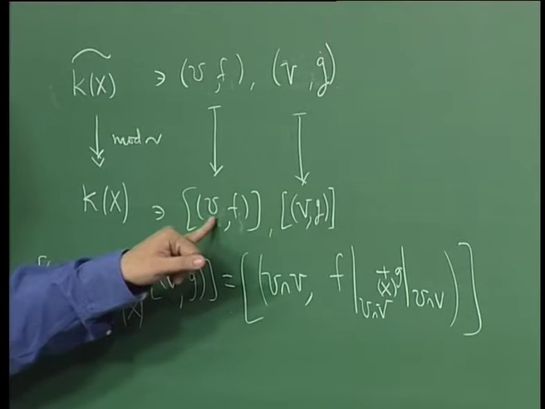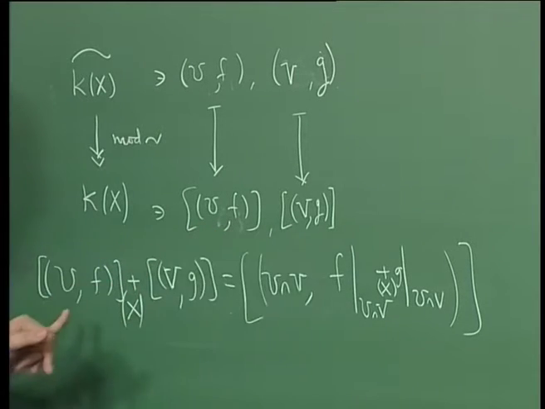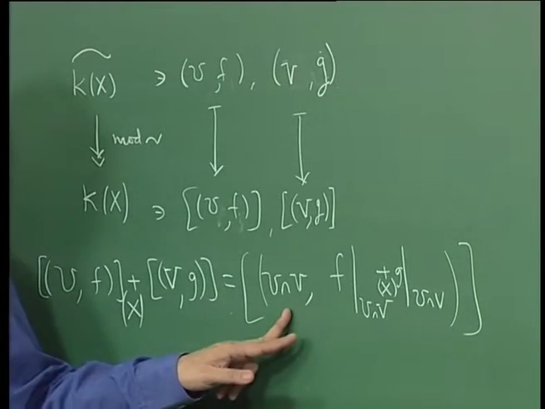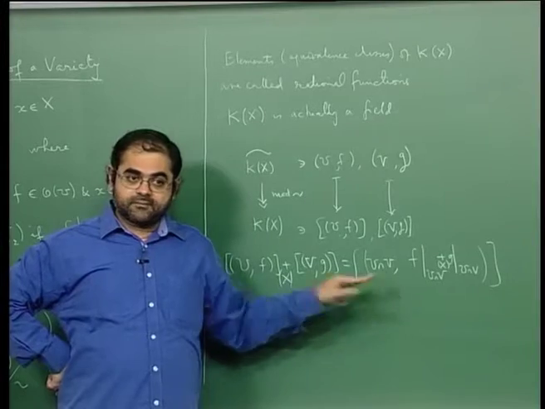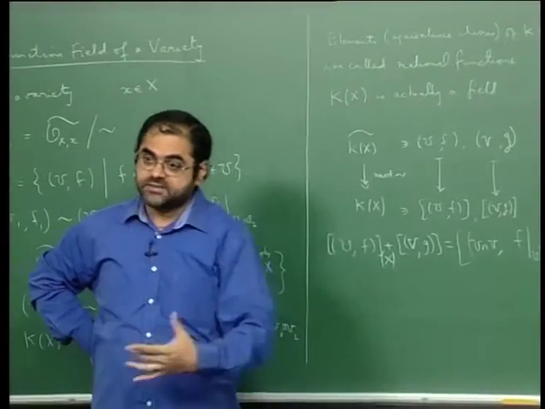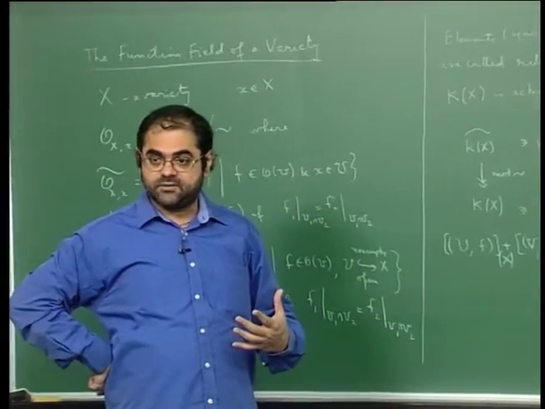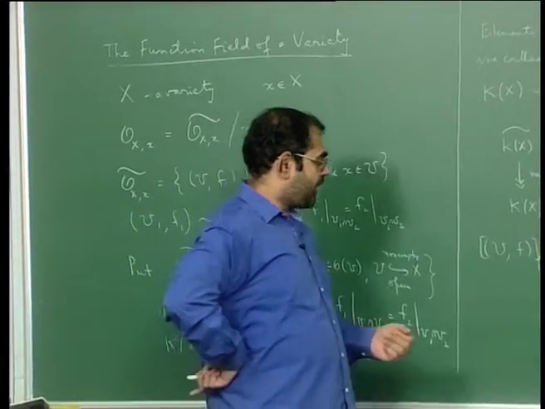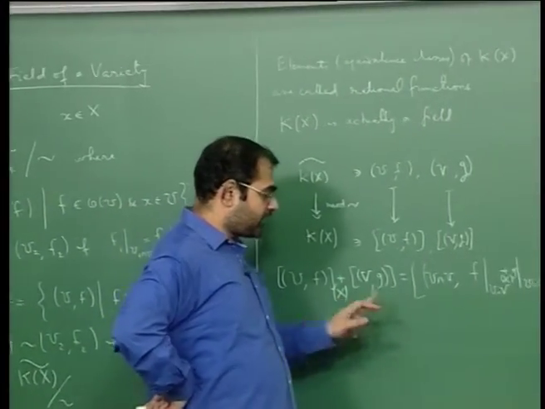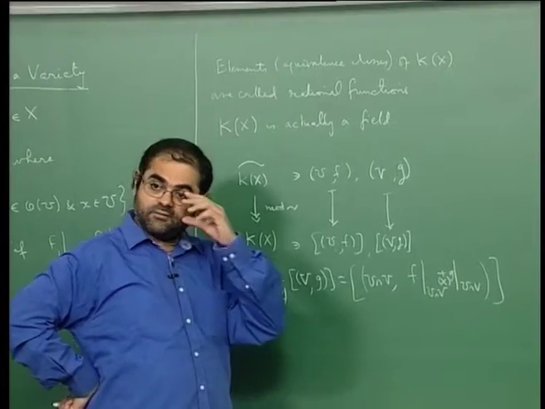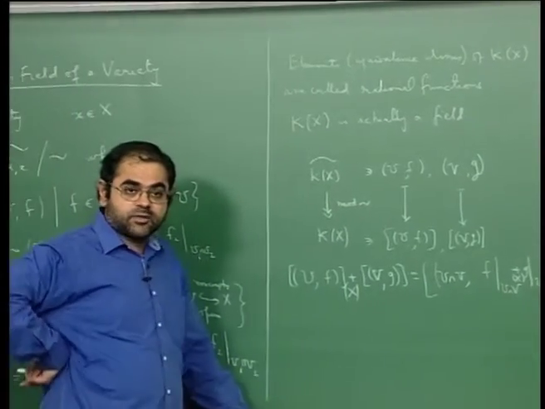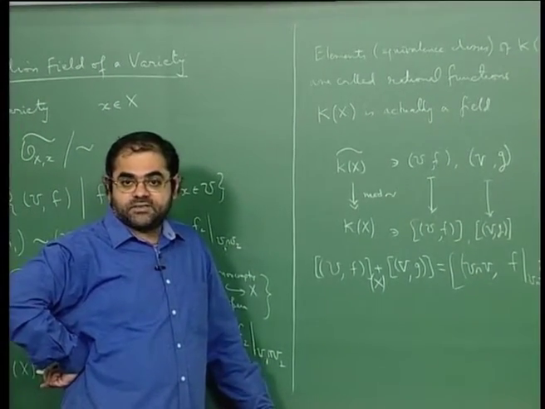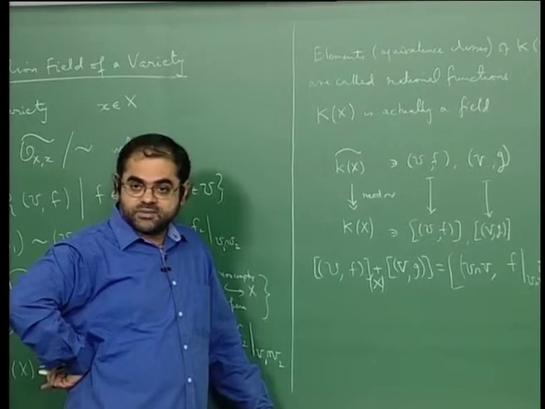When I define the sum of two rational functions, I am actually taking the sum of the representatives on the intersection of the domains where the representative functions are defined, okay. Similarly for the product I also use representatives, but whenever you use representatives, you have to make sure that your definition is correct, that it is well defined, so you have to check, okay.